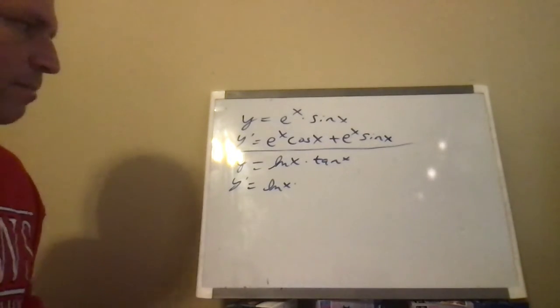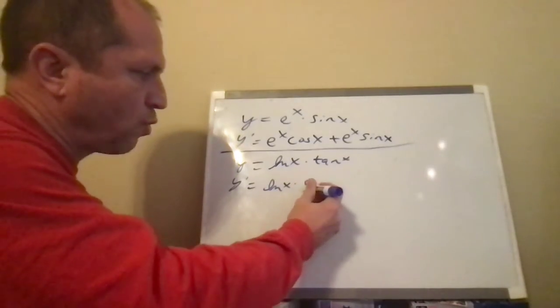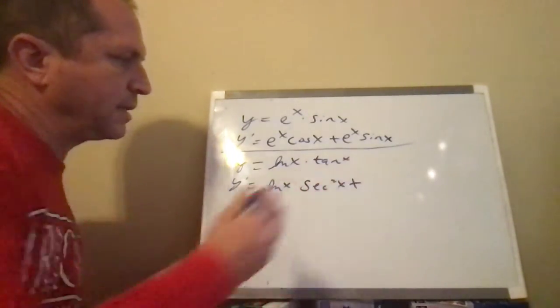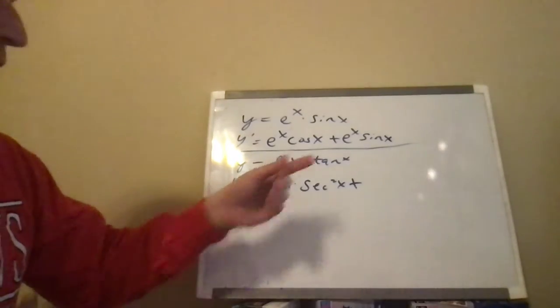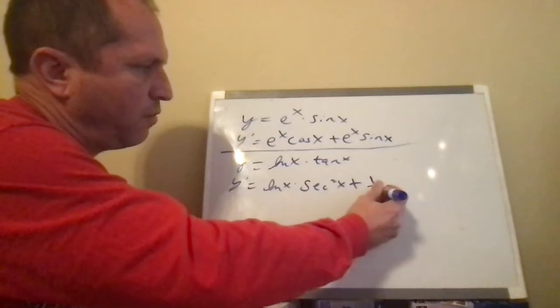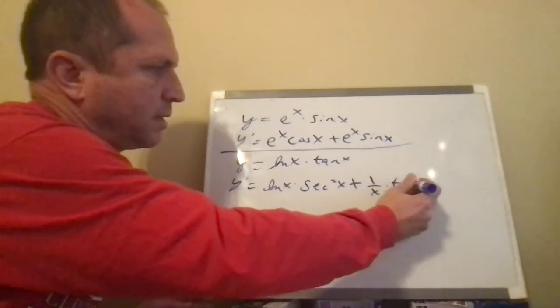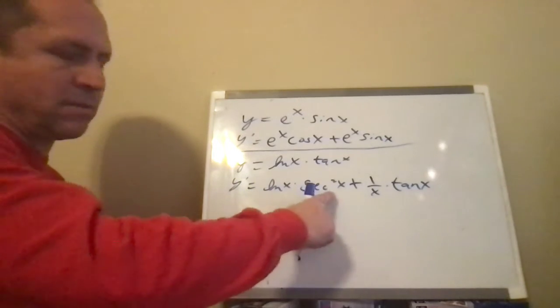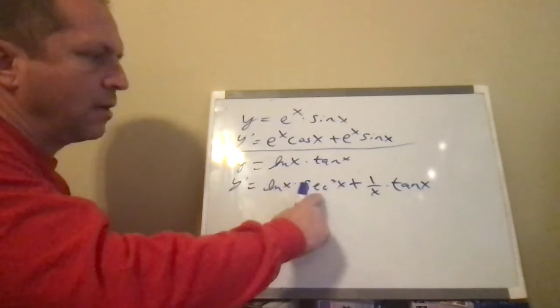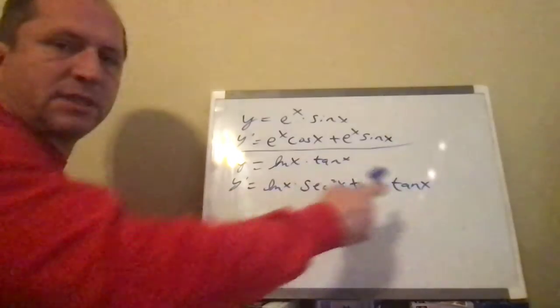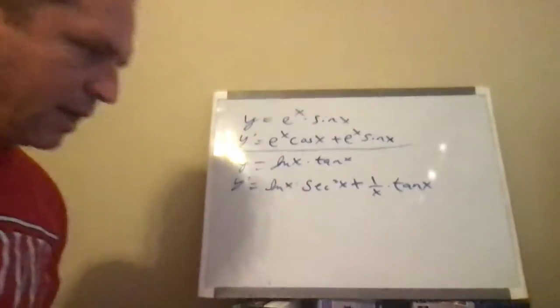It ends up being secant squared x. Now plus the derivative of the first term, 1 over x, times tangent of x. So it's the first term times the derivative of the second term plus the derivative of the first term times the second term. That's another example.